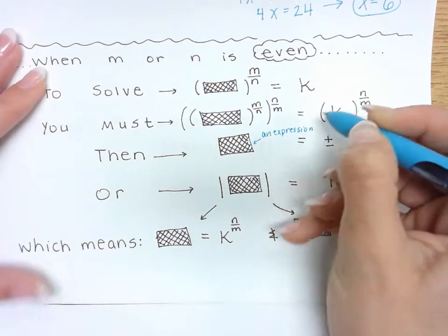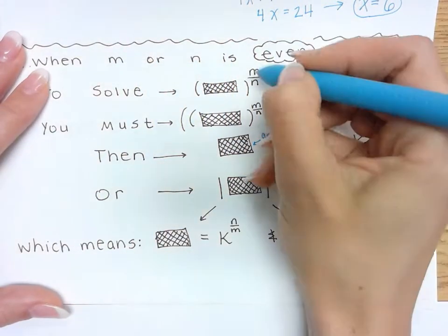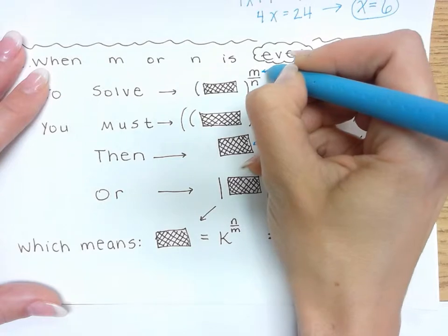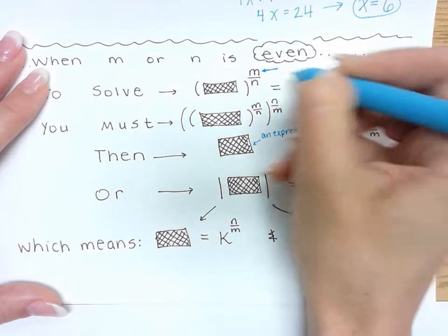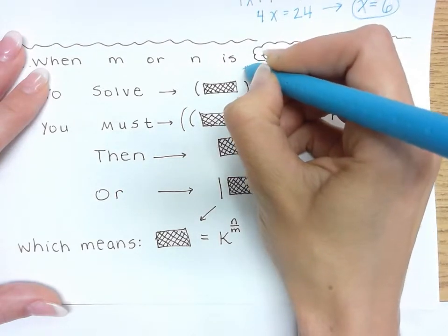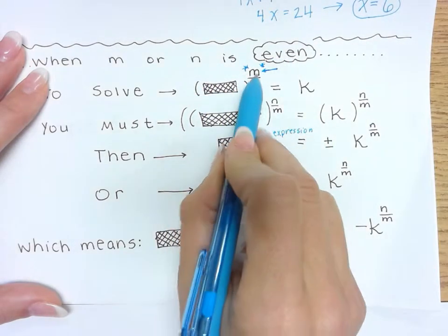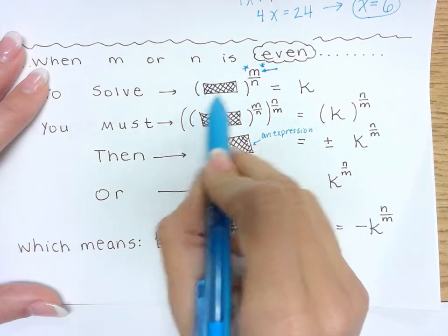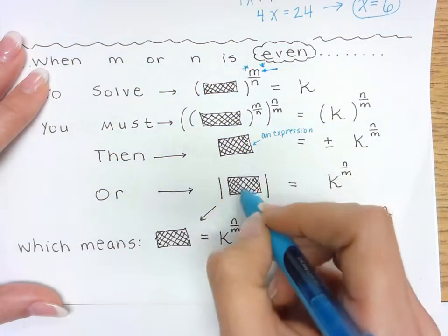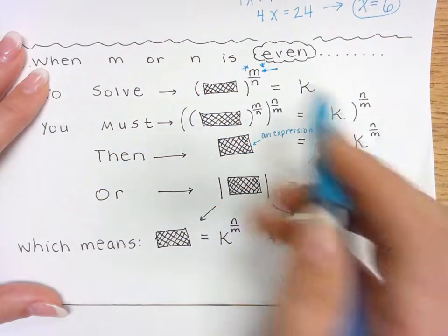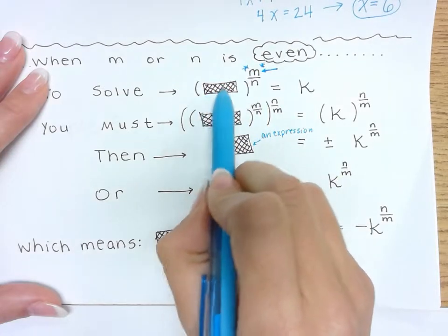So you're going to watch that. When m or n is even, primarily it's this one right here that you need to worry about being even. Okay? You really want to watch out for that m. When you have something raised to a rational exponent and you're solving for x, x is going to be in here somewhere. You need to get rid of this power to get x alone.